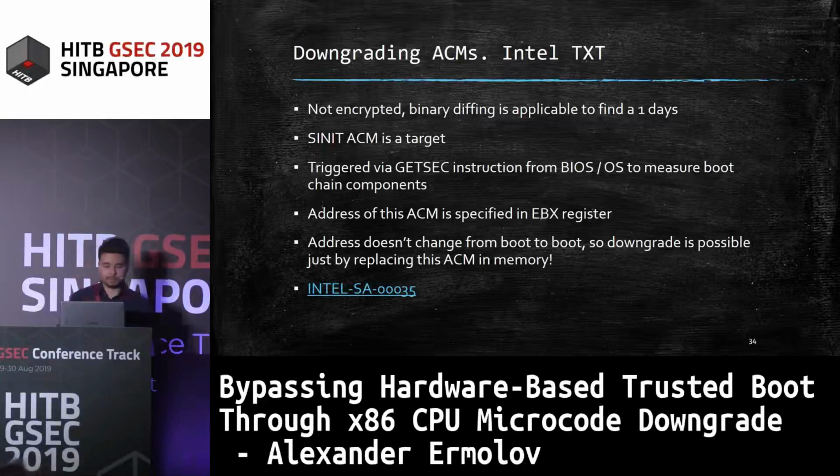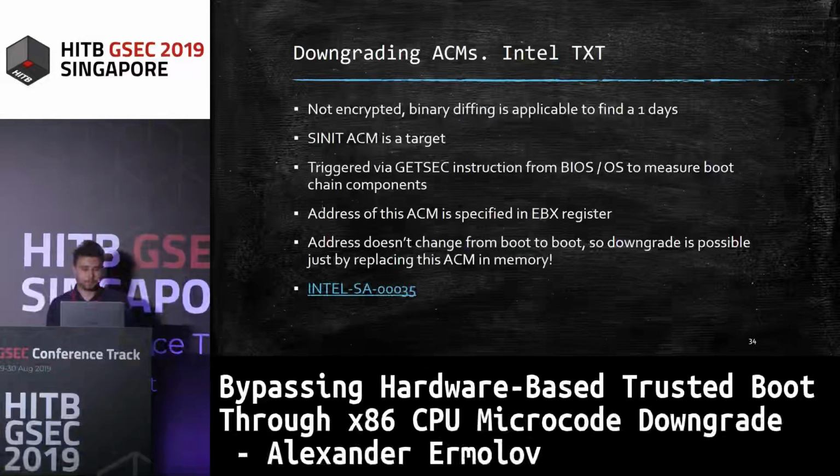This ACM is triggered by the GETSEC instruction of the CPU, and the address of this ACM in memory is provided by its caller. And it is always stored at the same place in memory. That's why you can just replace this ACM in memory, then downgrade the microcode, and the downgraded microcode after waking from sleep state will load this vulnerable ACM, and that's how we can exploit a fixed issue in these.